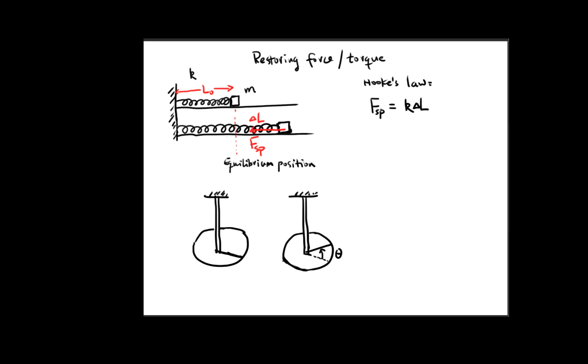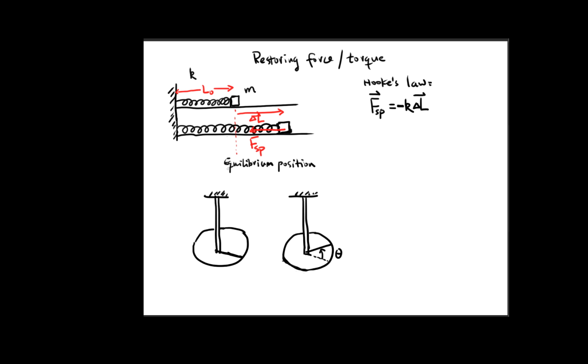So F spring, we know force is a vector, and the displacement delta L is also a vector. So let me draw this delta L. Now we regard this one as a vector. These two vectors have opposite directions, so let's put the negative sign here to represent these two vectors pointing in opposite directions.